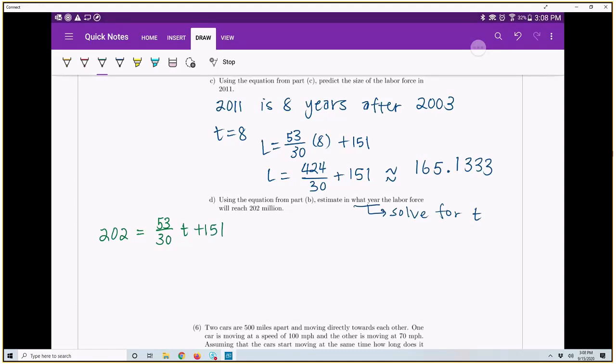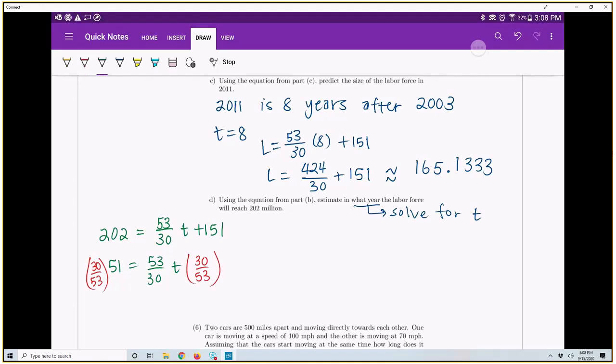So I subtract 151 from both sides. I get 51 is equal to 53 over 30T. Then I'll multiply on both sides by 30 over 53, because I know if I do that on the right side, that will cancel with the 53 over 30.